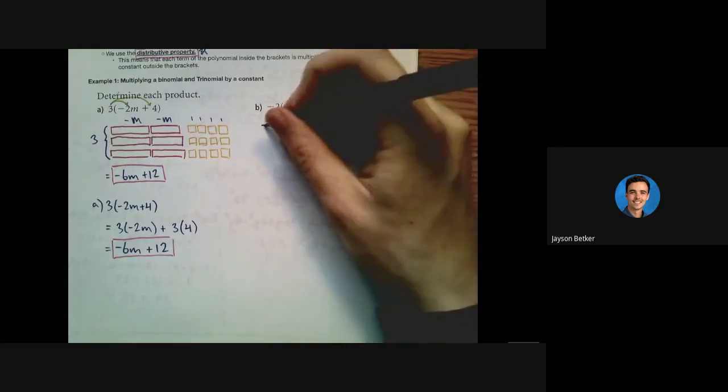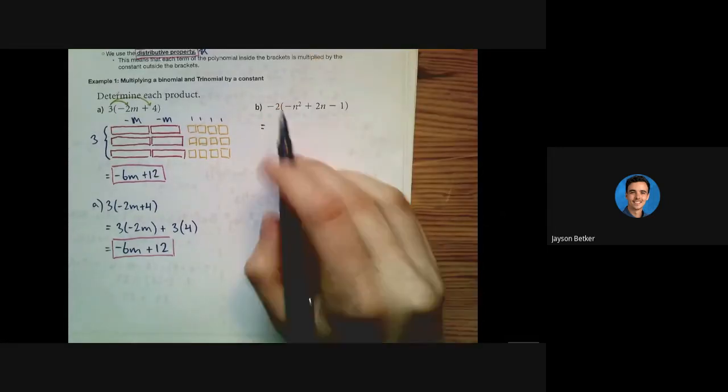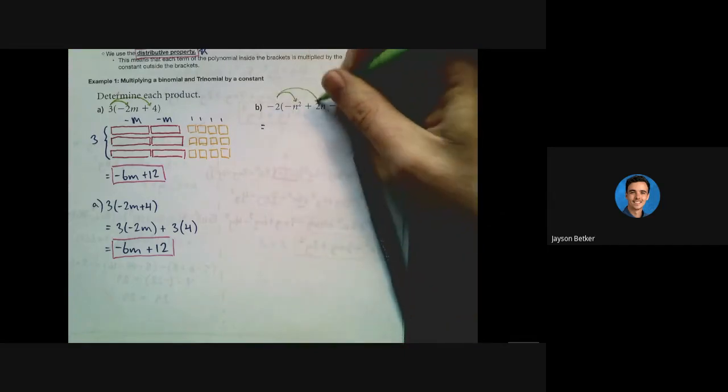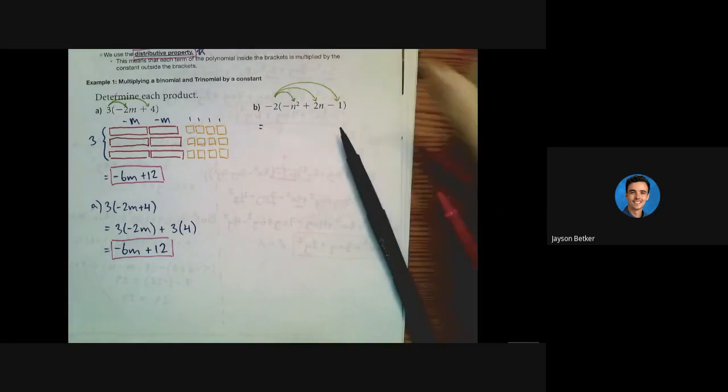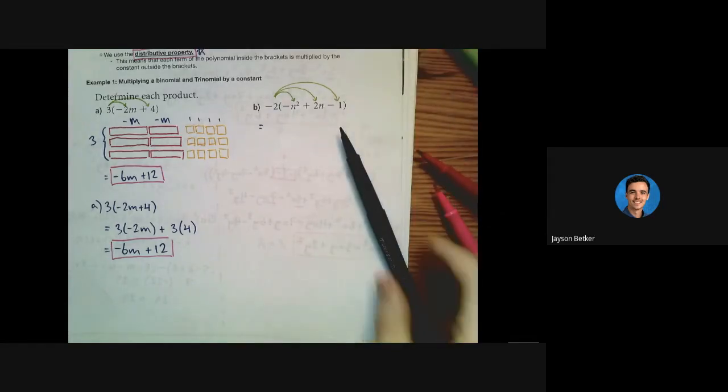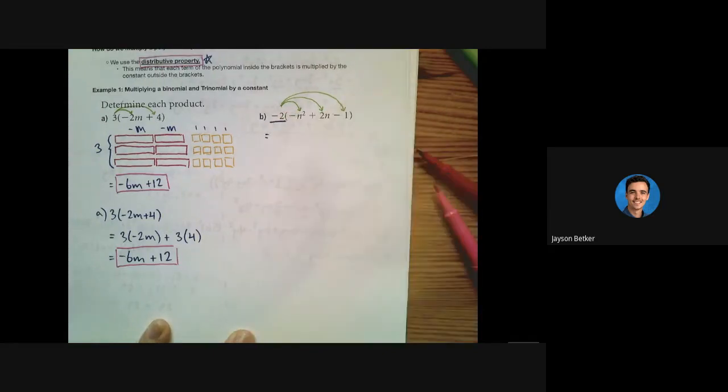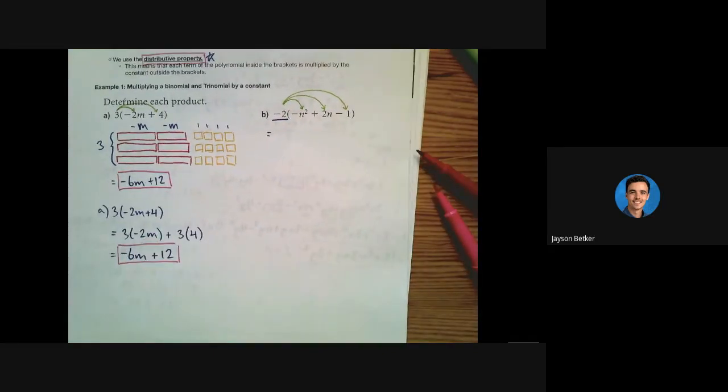Let's do it for this one. So I multiply that negative 2. It's going to multiply through to the negative n squared, the 2n, and the negative 1. Now, what we have to be careful of is that there's a negative 2. That negative 2 multiplies the whole way through.